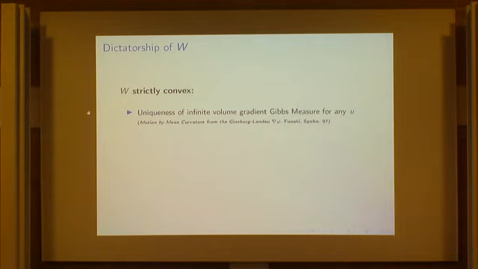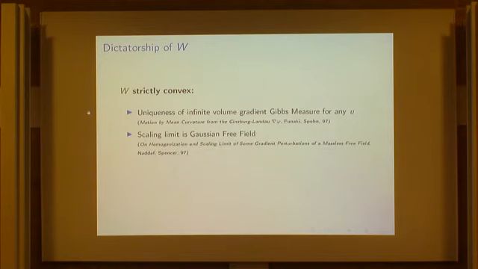They show uniqueness of infinite volume gradient Gibbs measure for any tilt U. More precisely, they say that for any fixed U, there is an infinite volume gradient Gibbs measure which is ergodic and shift invariant, which has mean U. So this again shows this meaning of tilted interface.